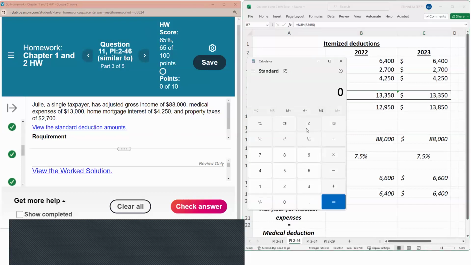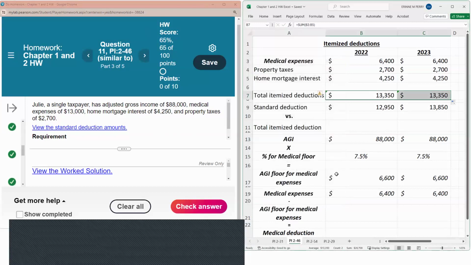All right, I'm just going to double check our math. 88,000 multiplied by 7.5%, 6,600. Perfect. So based on this information, the medical expenses, which were 13,000, the AGI floor for medical expenses, which was 6,600.